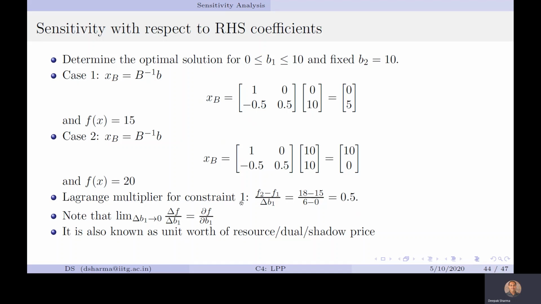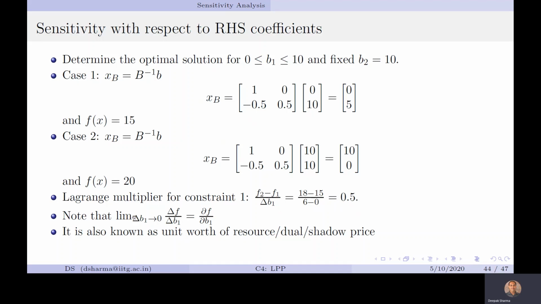So for constraint 1, this says the change in the function value divided by the change in the right hand side. As you can see, if I take the original value 18 minus this 15, I get it from case 1. Originally b1 was 6, and in case 1 it is reduced to 0. So it gives me 0.5.